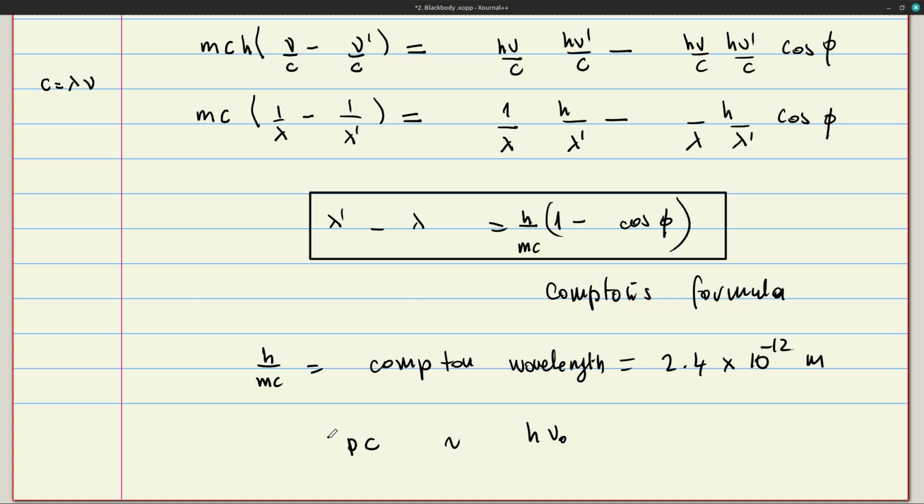For energy of photons, we have to use h nu, right? This is photon. But if we have an electron, which is a massive particle, we use p. Whereas h nu is energy, so to convert this to momentum, I just divide by c, h nu over c. Is that clear?